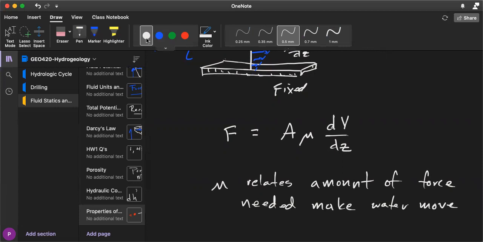How about I get rid of water there and just say fluid, to be more general. So mu relates the amount of force needed to make my fluid move. So it makes sense that it's going to play an important role in figuring out how much head gradient I need to get water moving through the media.